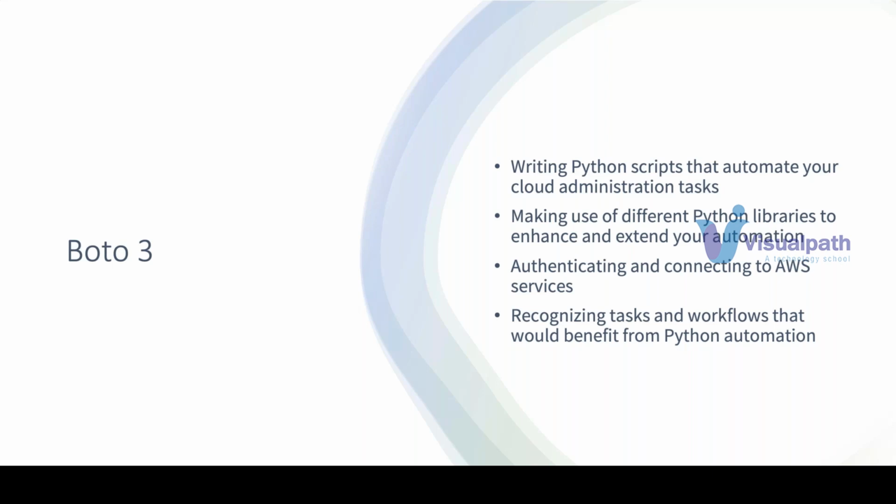We'll learn about core Python. Then we are going to move towards Boto 3. Boto 3 is one of the SDKs for cloud, which will help you to provision the infrastructure. Again, a bit of advanced programming you should be able to do with your Boto 3. That's the primary focus in this particular course.